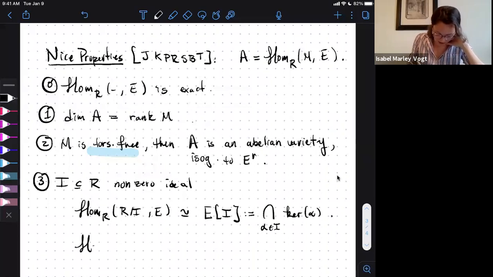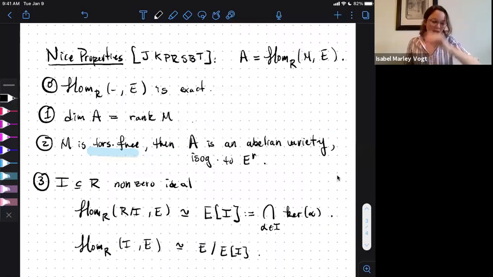And on the other hand, if I take Hom R I E, well, you can see this by what I claimed about exactness. This is E mod this kernel subgroup scheme, E[I].